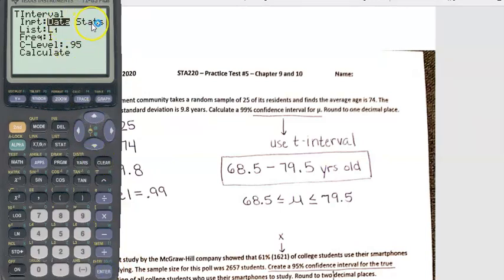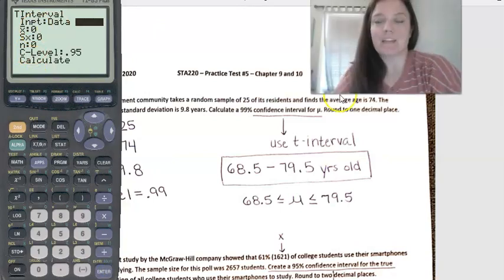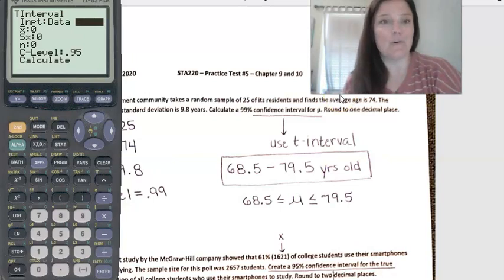All right, and there's two options here. Now, most of the time we're going to use stats here. Stats means that you know the sample mean, and you know the sample standard deviation, etc.